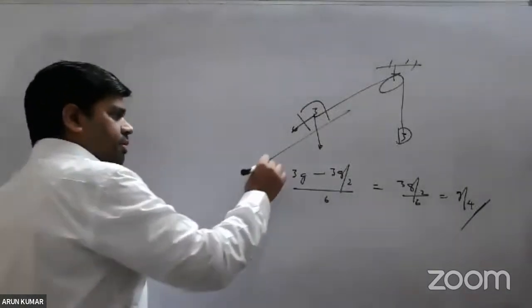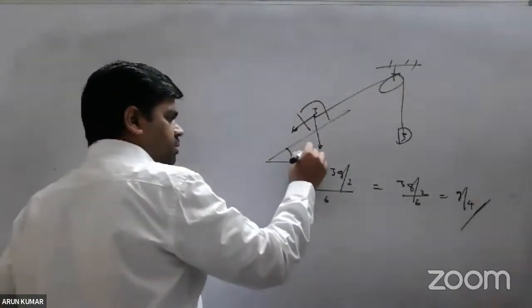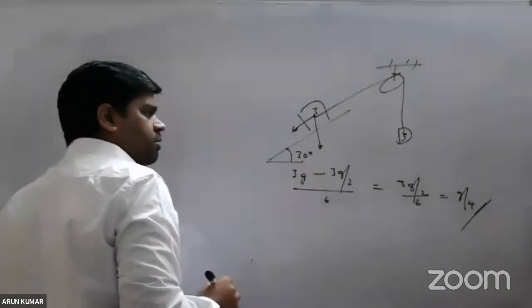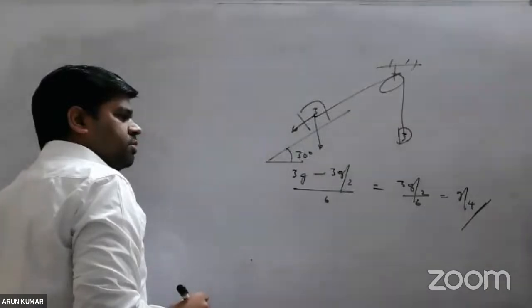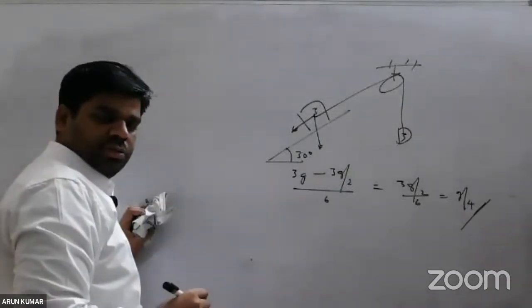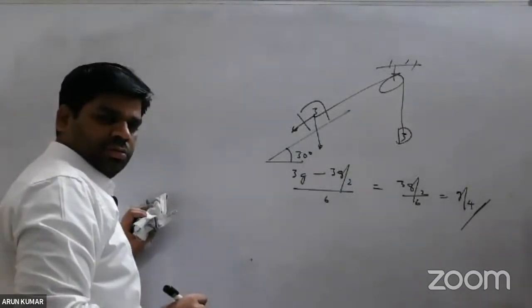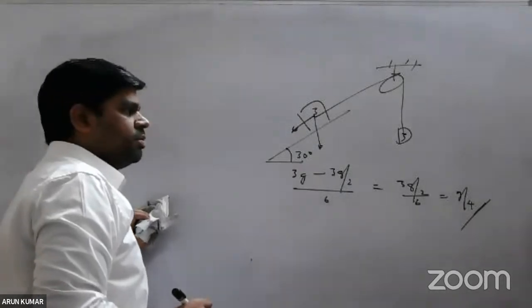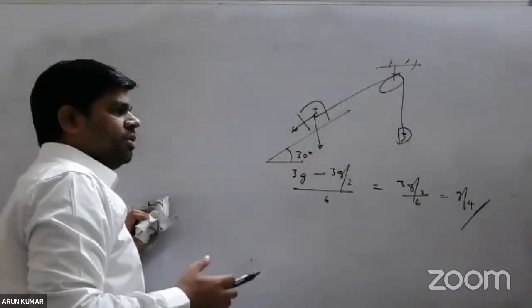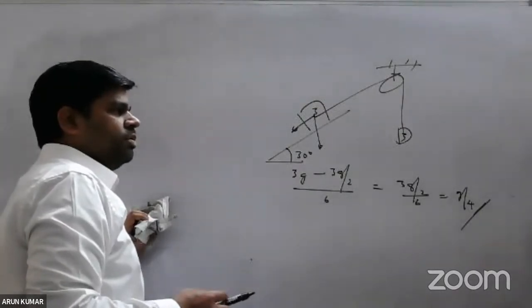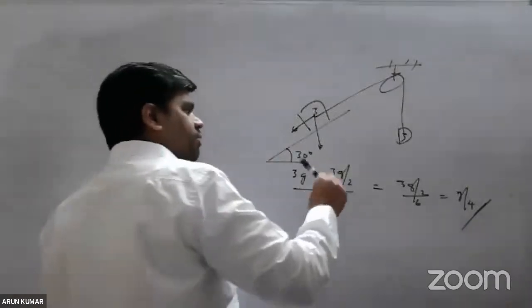Is it clear, students? Yes, sir. So g by 4, which direction?